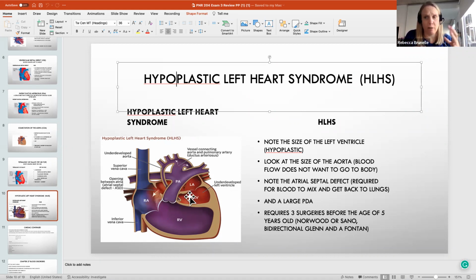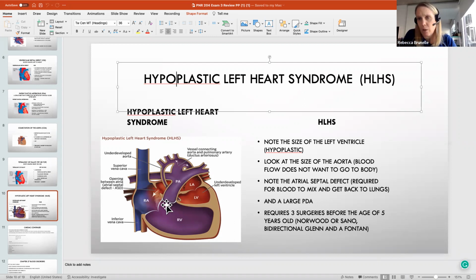So they always have associated other defects, and it's a universally fatal heart defect if it's not treated. So they have a series of palliative surgeries. They don't go home from the hospital right after they're born. They have to stay to have their first surgery. So this is probably the most severe defect.